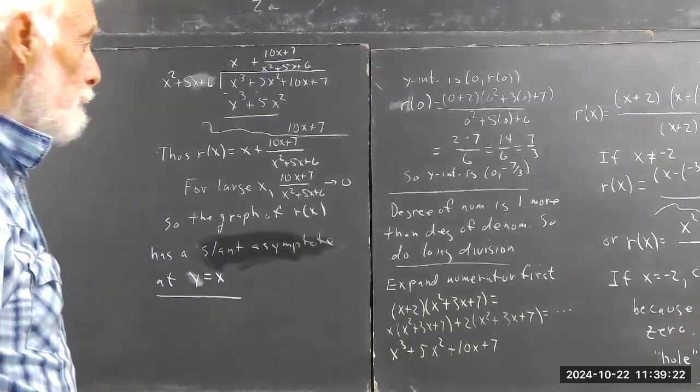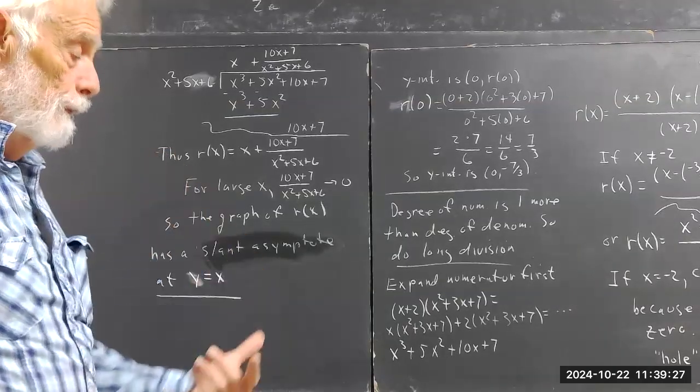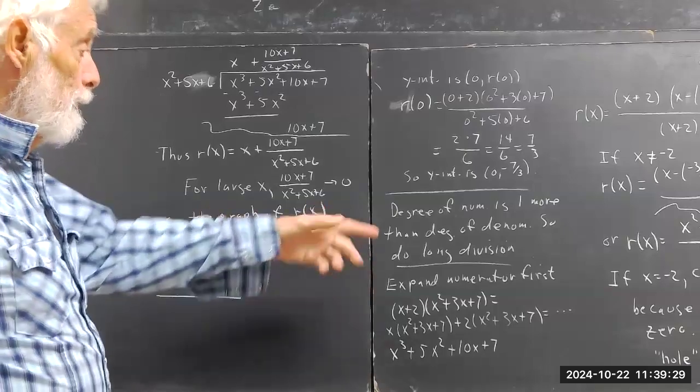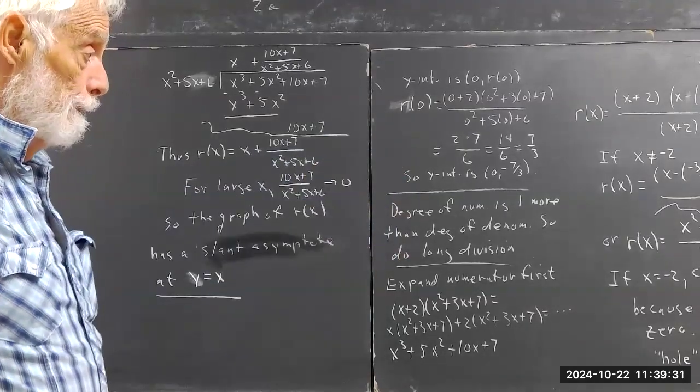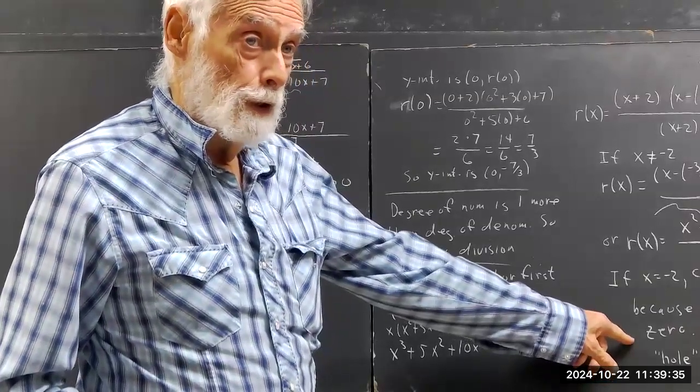It would have a 0 at x equals -2, except -2 is not in the domain. So -2 is a hole in the domain, so you don't get a 0.